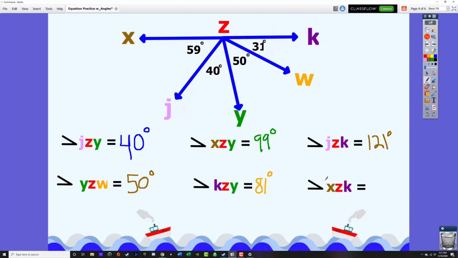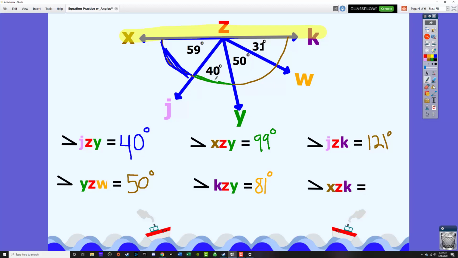We've got one more to go here, folks. So angle XZK. This is probably going to be the weirdest one out of all of them. So X, Z, and K. This time, we want the distance across all of these, all 1, 2, 3, 4 angles. So we know that this chunk right here is equal to 59 degrees.